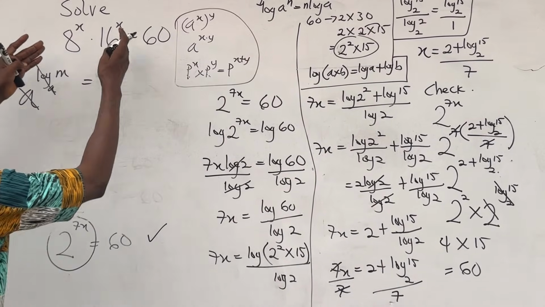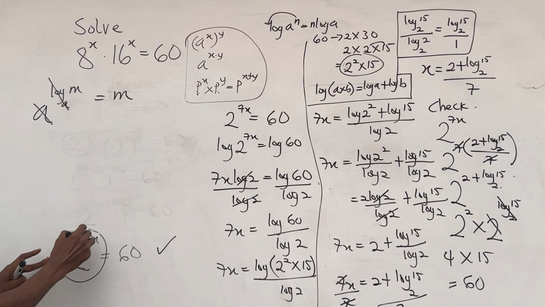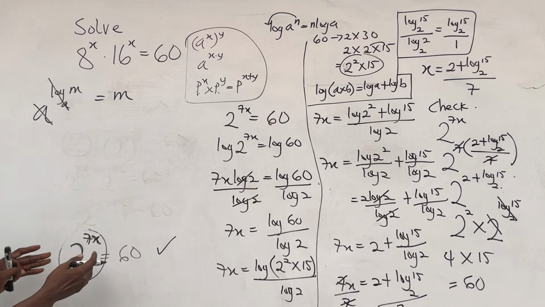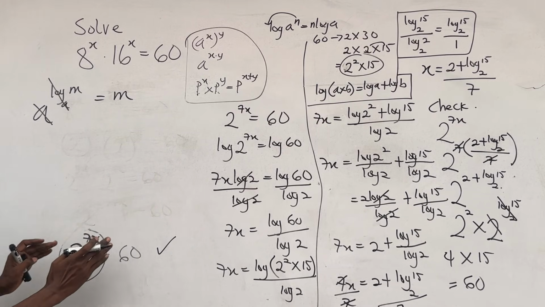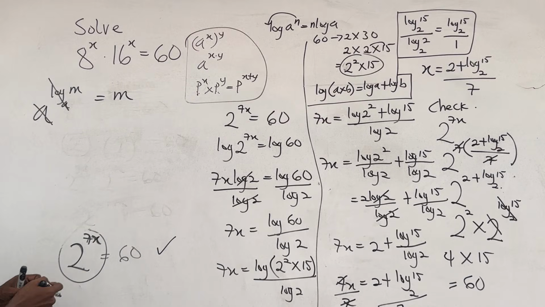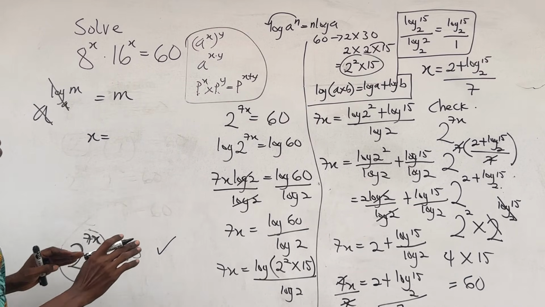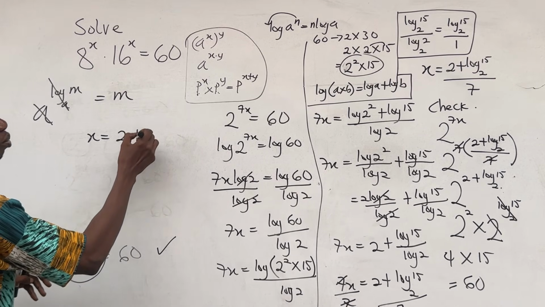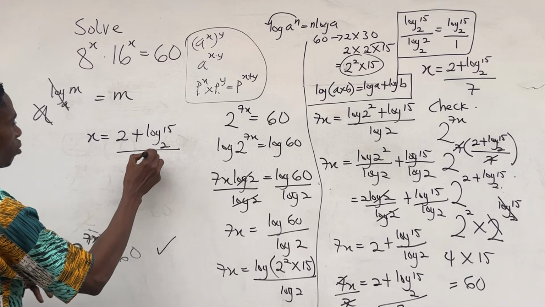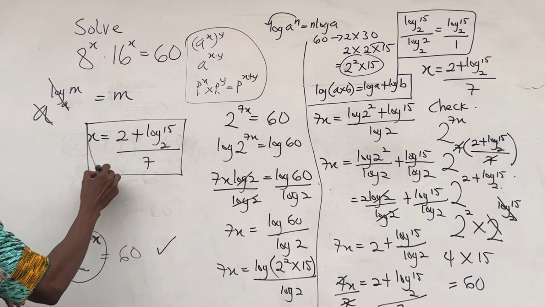So the left hand side, which is 2 raised to the power 7x, when we replace our x, we're getting 60, which is equal to the right hand side, 60. So our answer, x, is correctly 2 plus log 15 base 2 all over 7. So this is our correct answer.